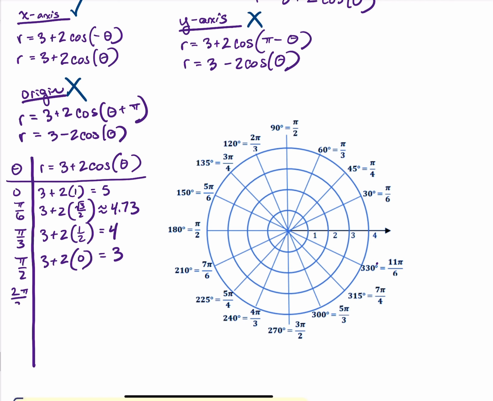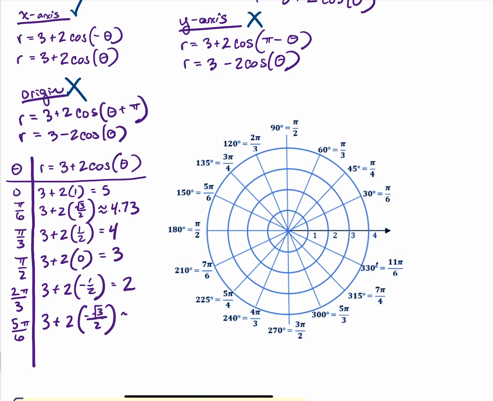Then we can use 2 pi over 3. So 3 plus 2 times the cosine of 2 pi over 3, which is negative 1/2. So 3 minus 1 is 2. And we can do 5 pi over 6. So 3 plus 2 times the cosine of 5 pi over 6, which is negative root 3 over 2.